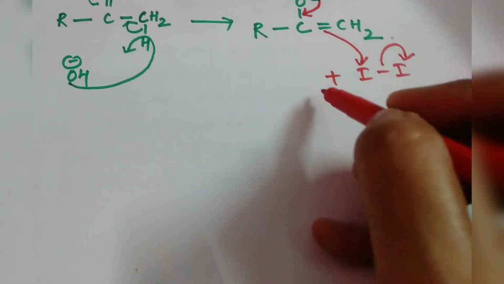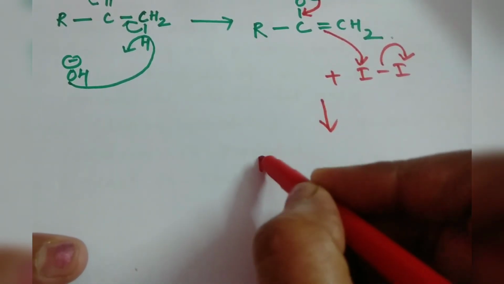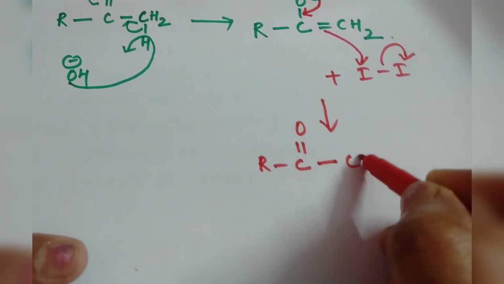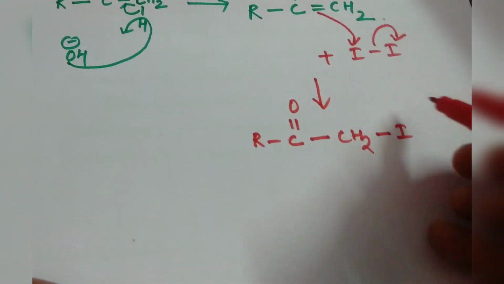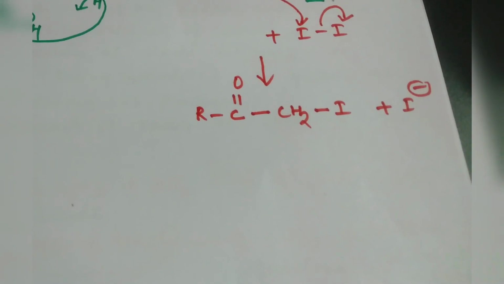Okay. Now see here, what is the product? The product becomes R C double bond O single bond CH2 single bond I. Okay. Plus I minus. Right.